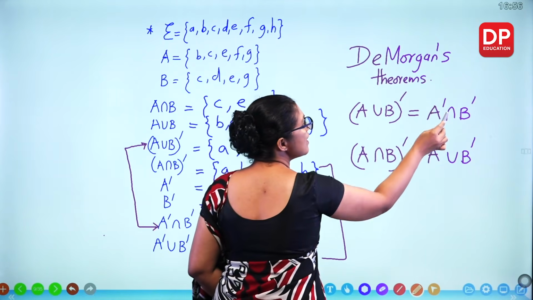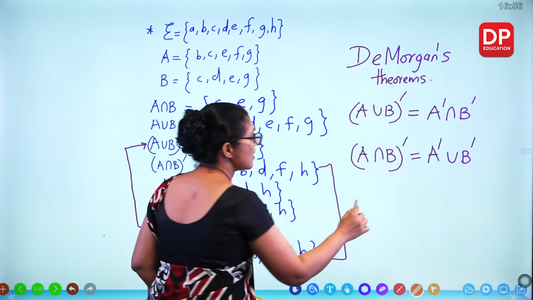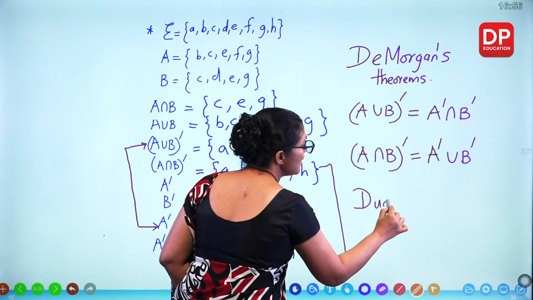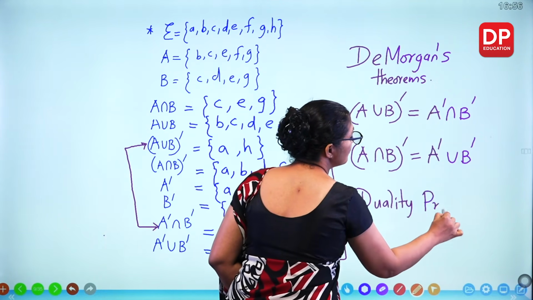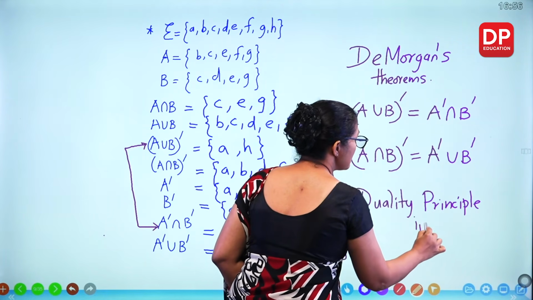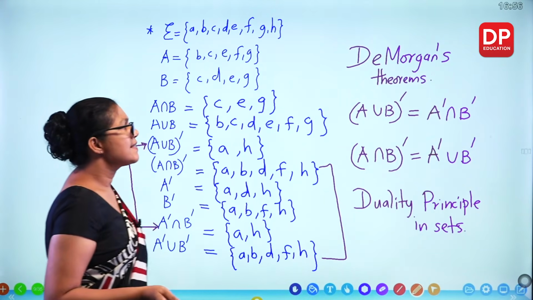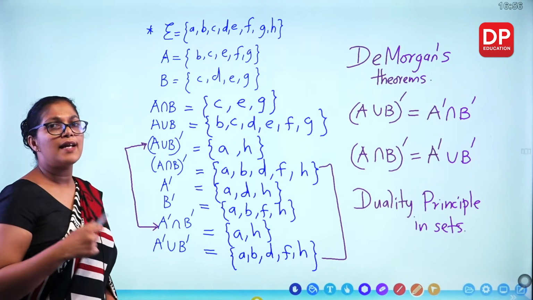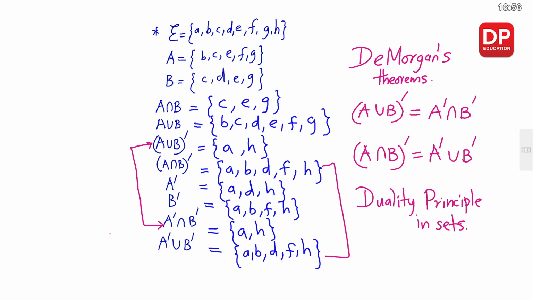Same thing, intersection becomes union, union becomes intersection. So we call it the duality principle in sets. So you can replace any union sign with the intersection sign. The result is the same.